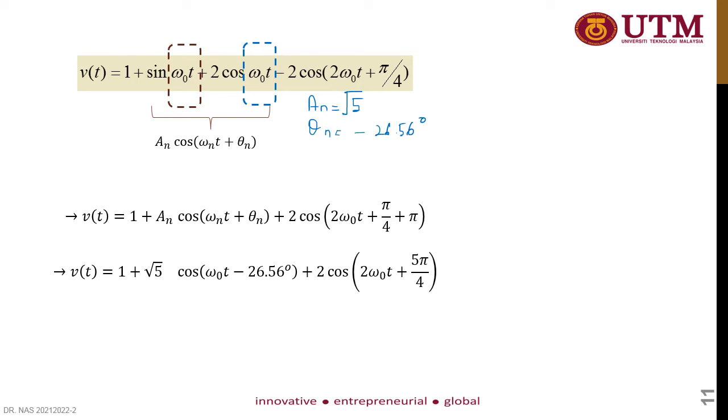It was negative, and now you have changed it into positive by having positive pi phase shift. So now replace cn by square root of 5 and theta n by negative 26.56.